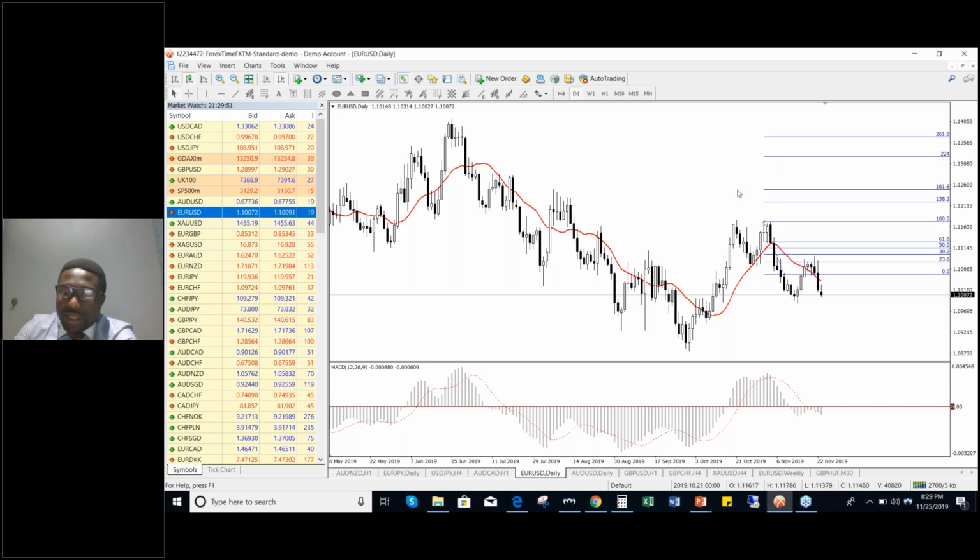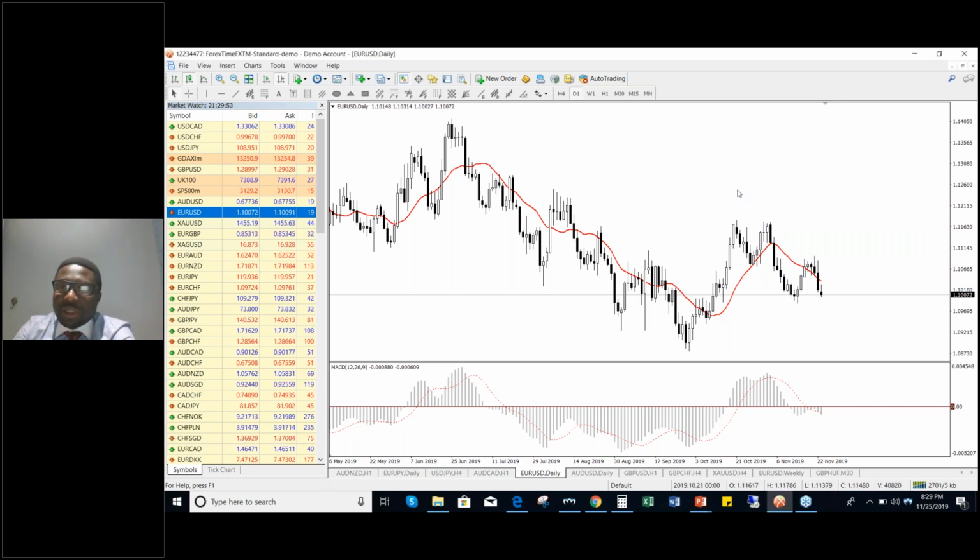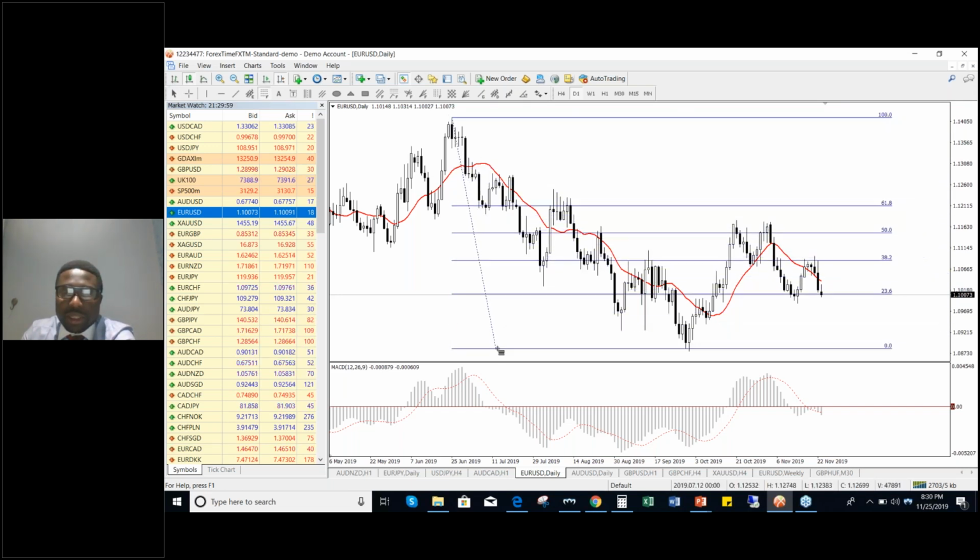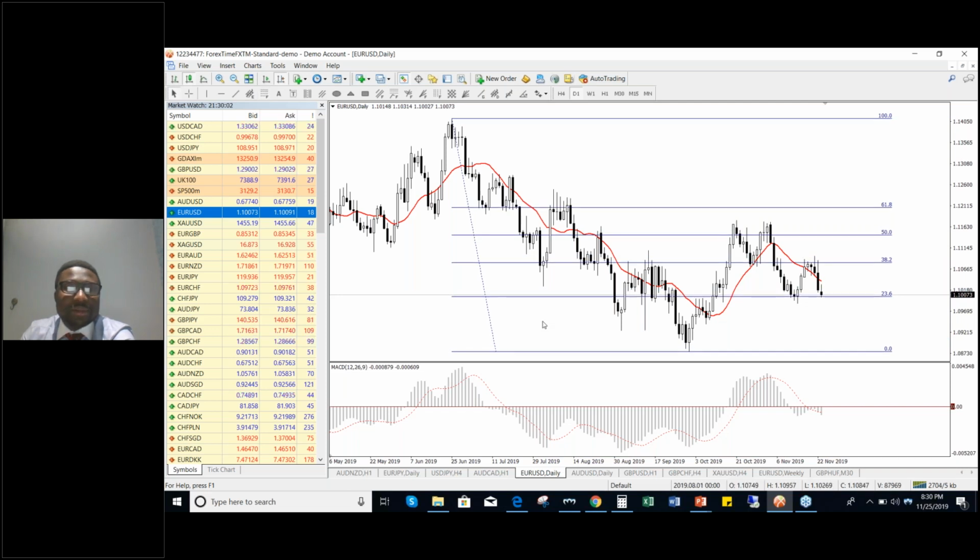All right, so that is about the Fibonacci tool. So if I want to draw the Fibonacci tool from this top to this bottom, that's it. So let me assume that this is a move, and I want to measure this retracement.